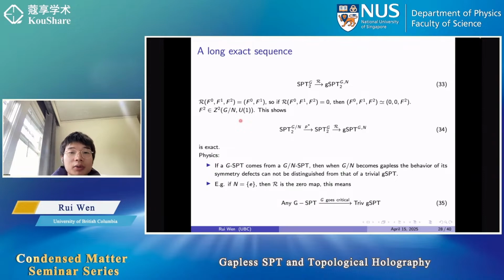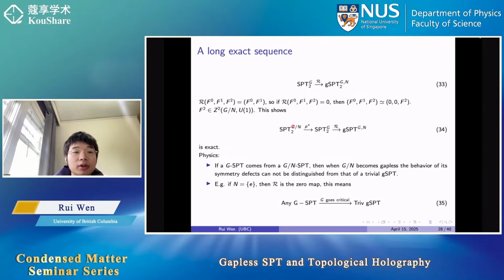If this is 0, it means the first two terms are trivial, so it only has a contribution from the last term, which will be a 2-cocycle of G over N. So anything in the kernel of R actually comes from some G over N SPT. It's a G SPT, but it comes from the pullback of a G over N SPT.